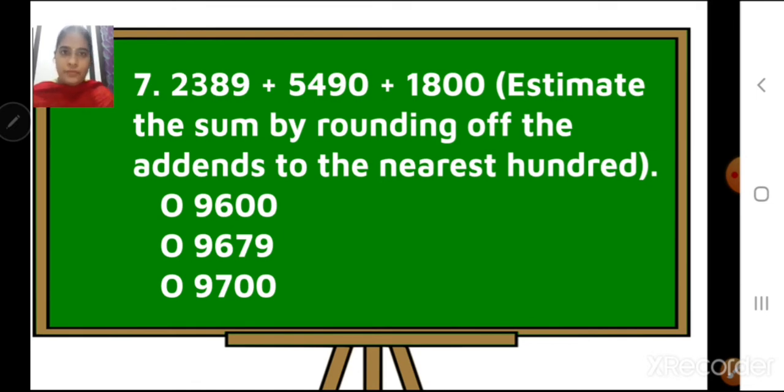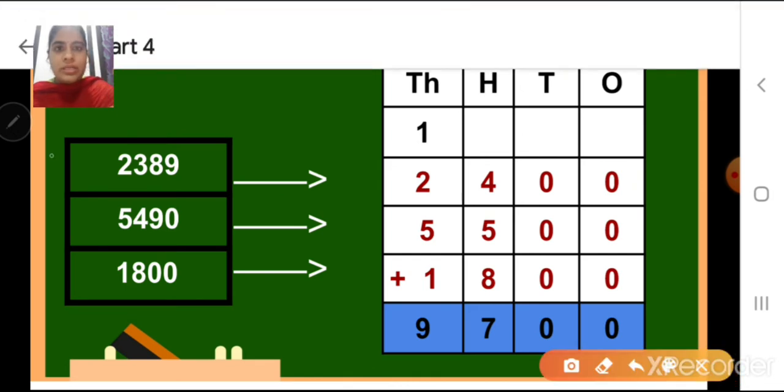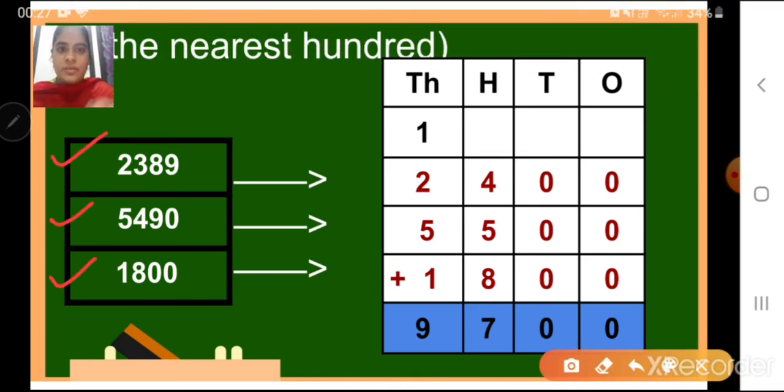Now how we have to solve the sum, let us see. Now rounding off to nearest 100. Now these numbers are from your question. Okay, now we are not supposed to add this. The first thing is we have to find out rounding off to the nearest 100.